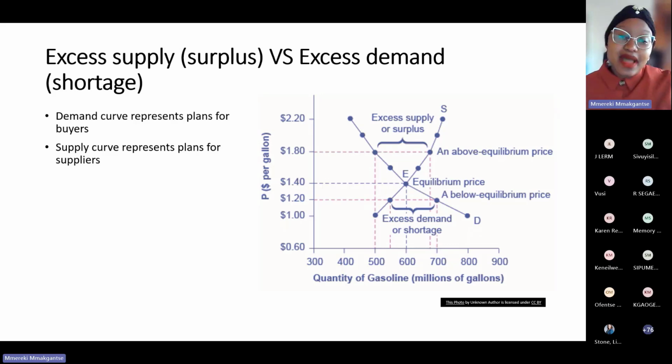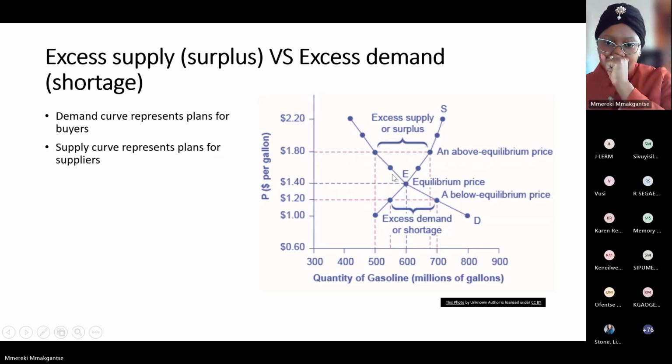The demand curve represents the buyers. Remember what I said, you are the buyer, you are the consumer. You are busy there, showing how you want to buy something. So looking at the demand curve, you don't want to buy something expensive. So if this is gas, this is like petrol, and the petrol price were to be 1.80 per liter, it is above the equilibrium price.